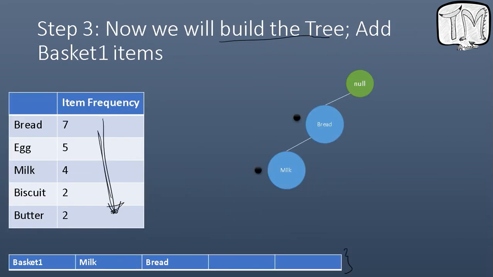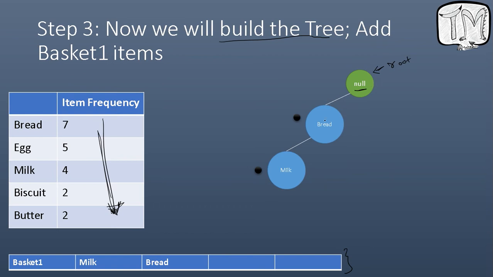I have also added that here, just for reference. So we will be looking at these two things to create the tree. As I mentioned earlier, a tree always has a root. In our case, the root will be null, that is, there's no value in it.